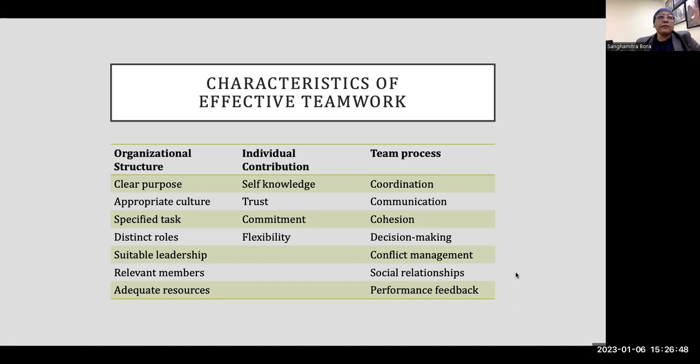And whenever you have a suitable leadership, you'll definitely have a great team working for the organizational goal, which is definitely patient care. And then, of course, you have relevant members, you have extended teams also, and last but not the least, must have adequate resources to deliver also.